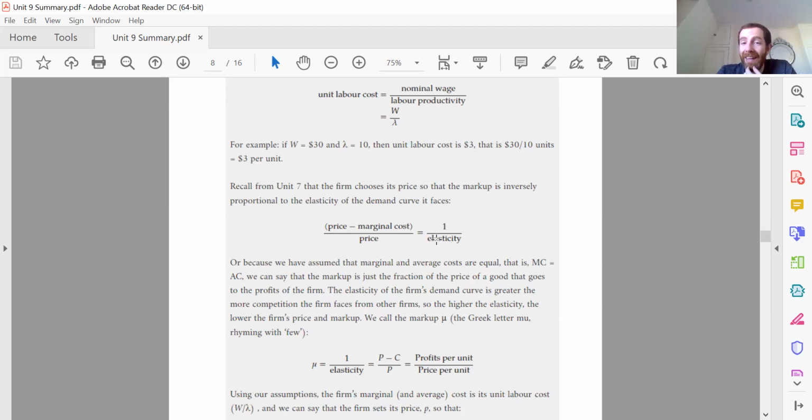We can see that if elasticity reduces, so if demand becomes less elastic, then the profit margin can go up. This should make sense. When there is less elasticity of demand, that's going to happen when there is less competition. If there's less competition, then the demand curve becomes steeper. It's allowing firms to set higher profits.